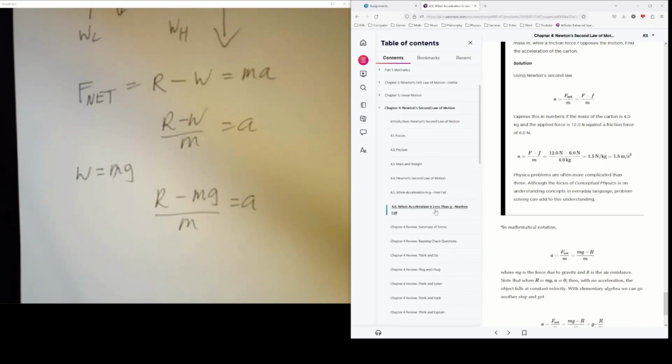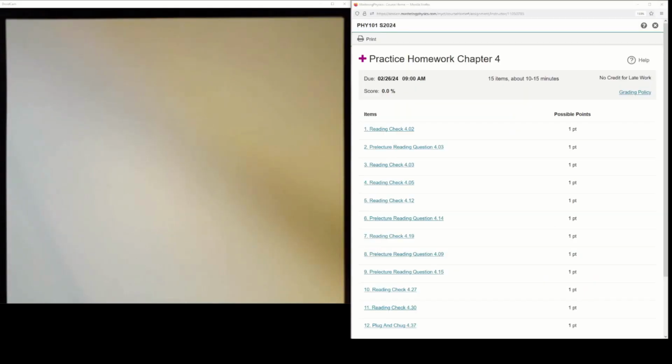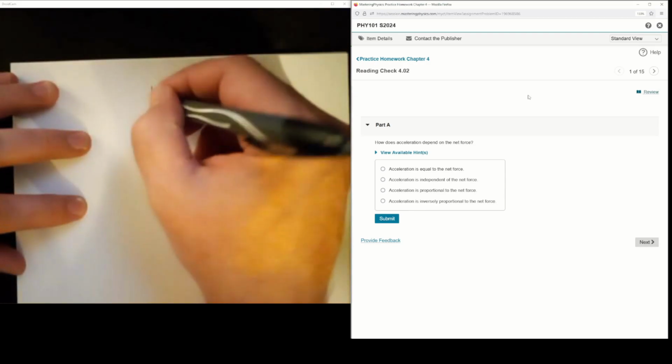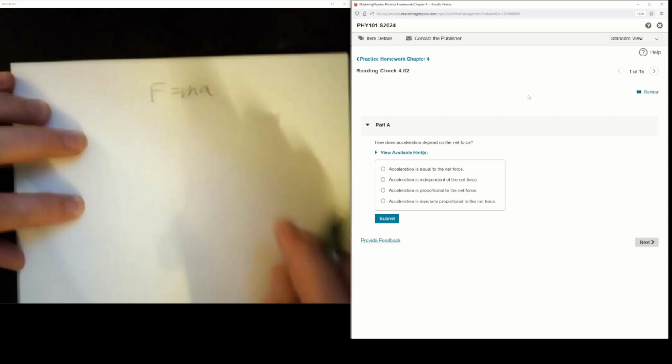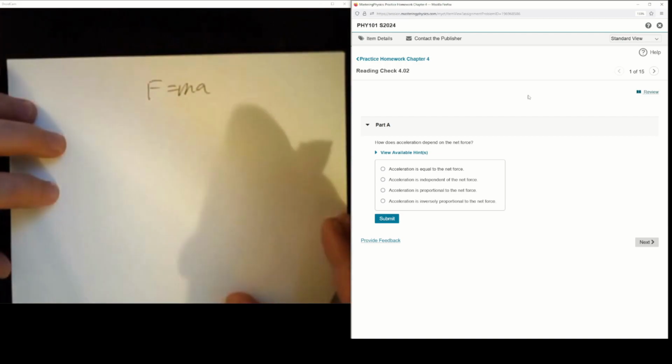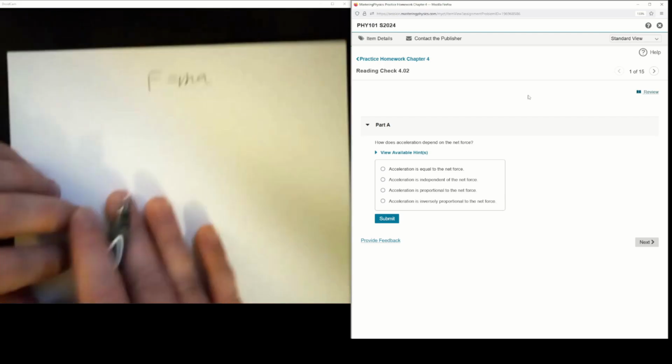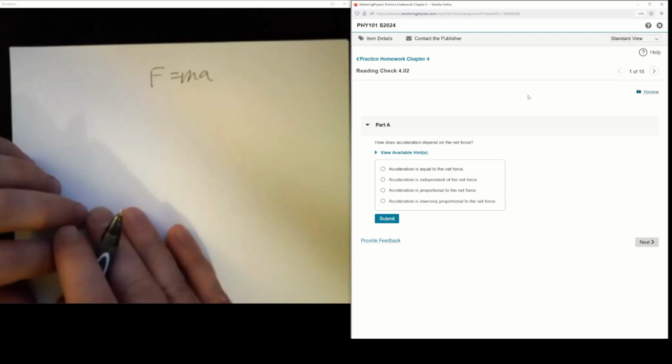And let's check out some homework. All right, so looking at the practice, number 1: how does acceleration depend on the net force? Well, F equals ma. That's Newton's second law. He does have a first law and a third law, but we're just focusing on the second.